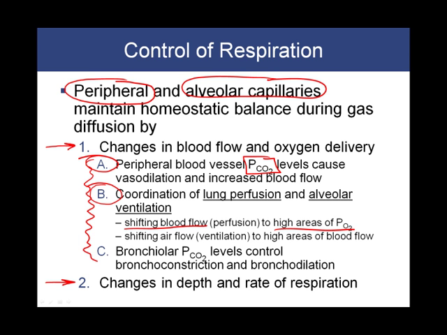On the other hand, the lungs try to shift the airflow to areas where there's a lot of blood flow. Finally, the bronchioles, when they have high levels of carbon dioxide, they tend to dilate, they tend to open up, and allow more oxygenated air to those areas.